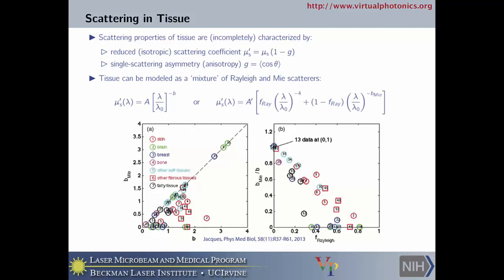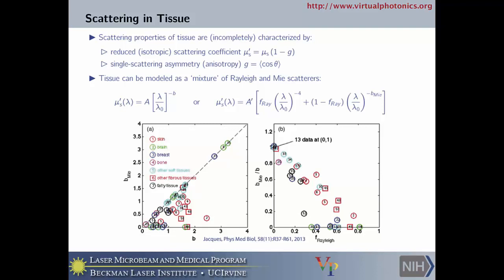So g can take on values typically anywhere from 0 to 1. g of 0 is a scatterer that scatters equally in the forward and backward hemisphere. As g goes to 1, it means that you become more Mie-like in the sense that you scatter more and more in the forward direction.